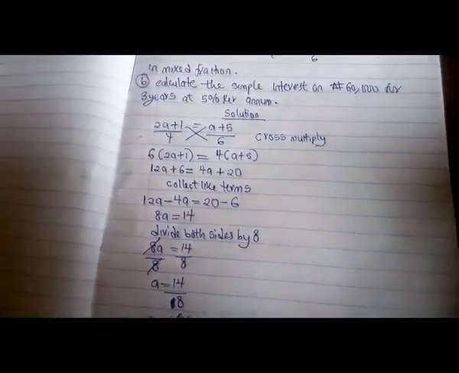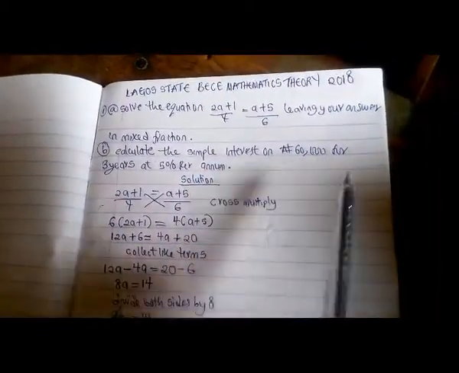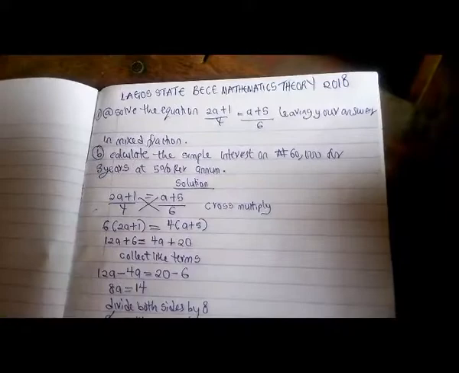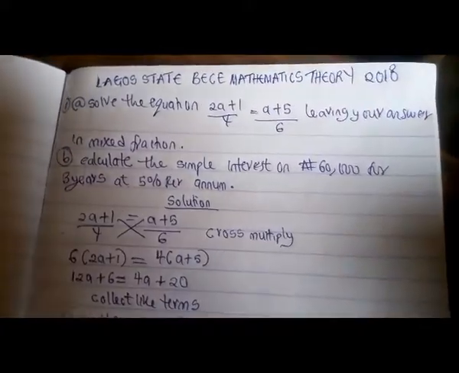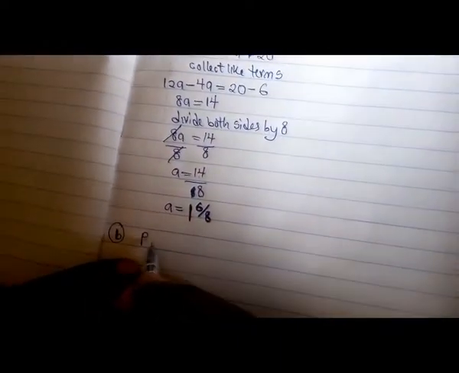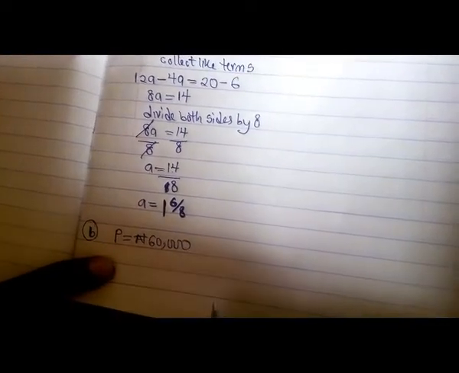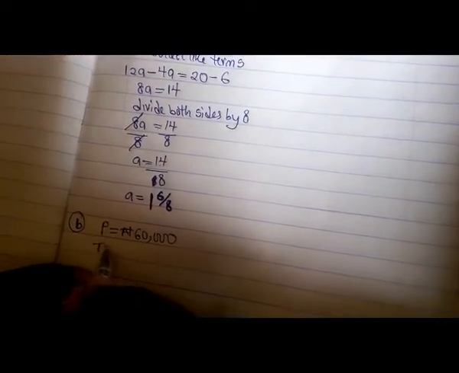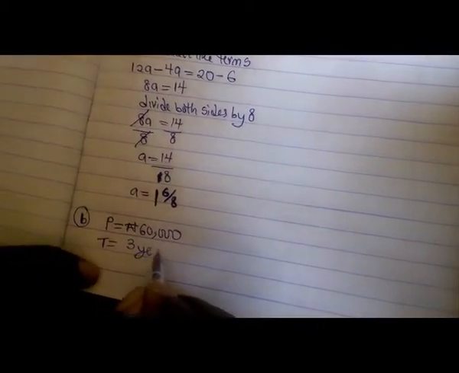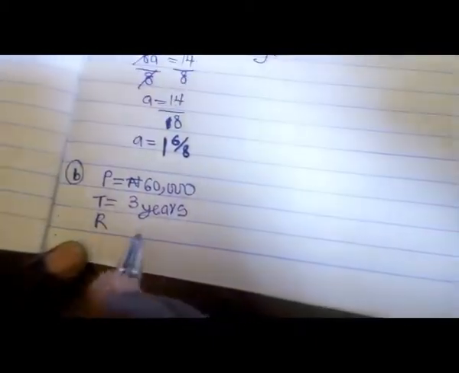So the next question, 1b, says calculate the simple interest on 60,000 naira for 3 years at 5% per annum. Let's solve the question. The principal is 60,000 naira, the time is 3 years, the rate is 5%.